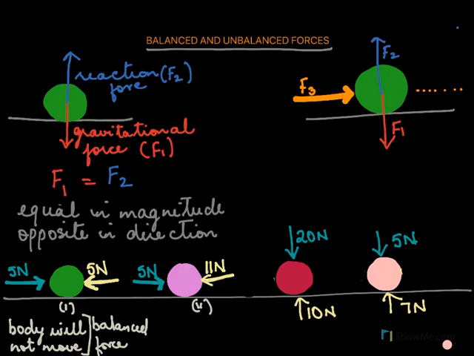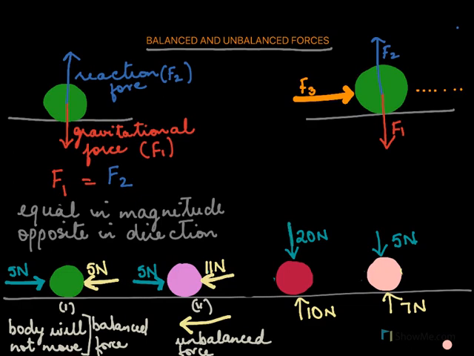However, in the opposite direction we have more than 5 newtons. We have 11 newtons. So the body will be moving in this direction. This is an unbalanced force, not equal and opposite. And because it is an unbalanced force, the body begins to move.